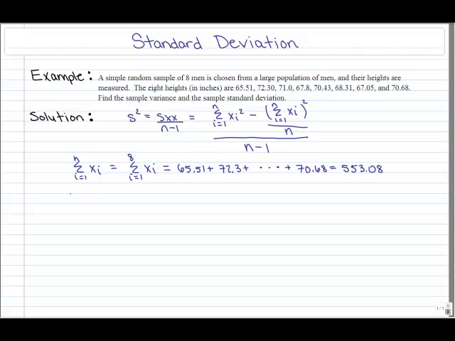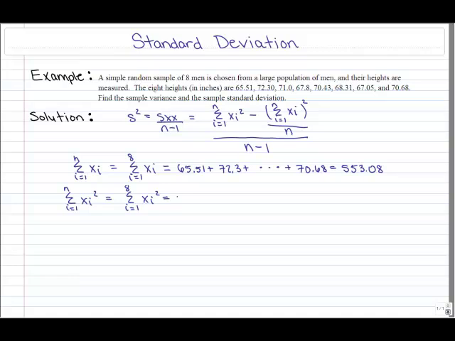Now the next thing that you want to do is obtain the sum from i equals 1 to n of the squared values. That would be the sum from the first value all the way to the 8th value of your squared values.